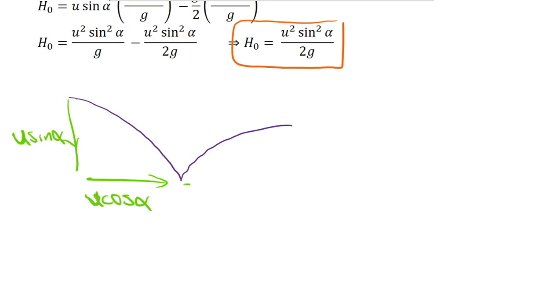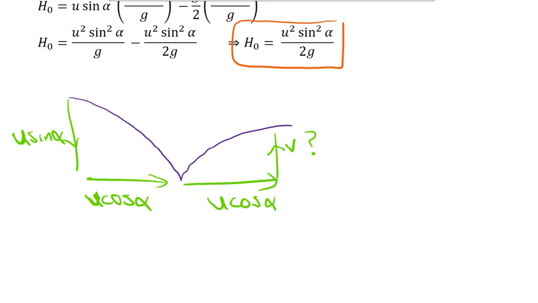Then after the collision, it has u cos alpha across still because the collision is in the y direction. And it's going to be bouncing up with, we're just going to call that v, because I don't know what that is.